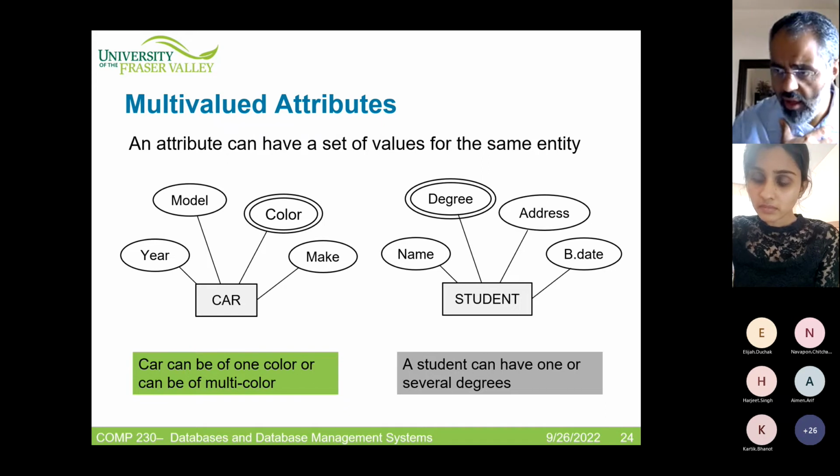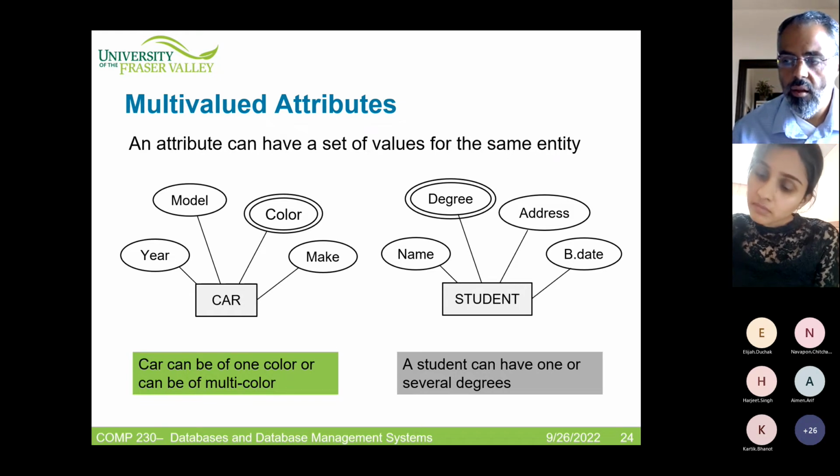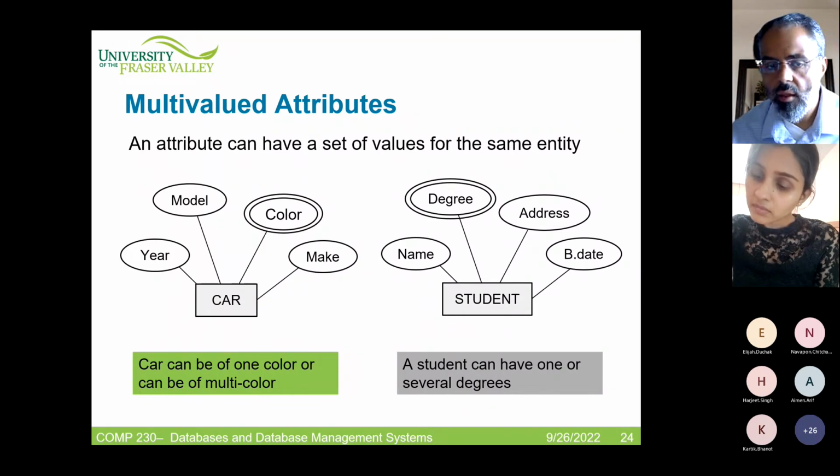Like the case where I'm registered in an educational institute as a student, and they are collecting information about me, one of the pieces of information is your degree. So in this case, for Ismail, they should have 3 values: bachelor, master, PhD. For example, for a car, for the same car model, make and year, we will have different colors.